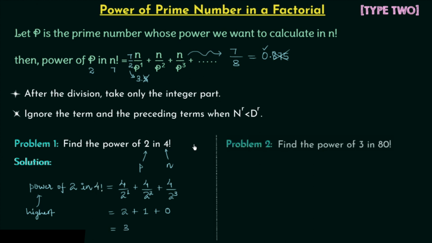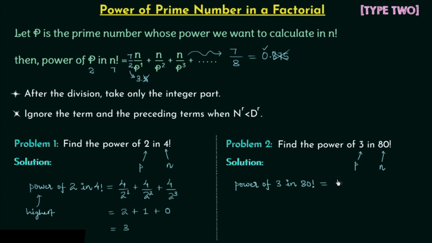Now moving on to our problem number 2, we need to find the highest power of 3 in 80 factorial. So in this case, our prime number is 3 and number n is equal to 80, we will find out the highest power of prime number 3 in 80 factorial.